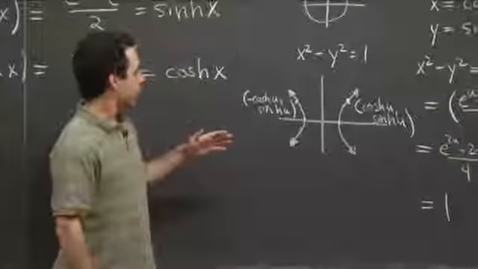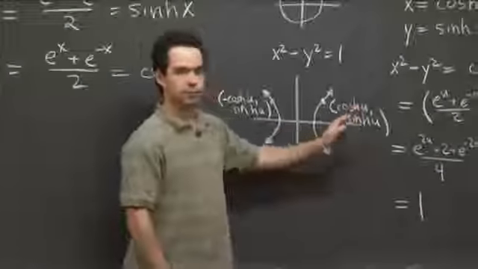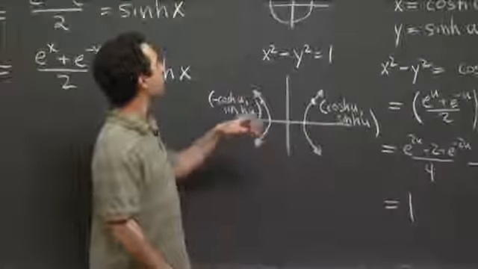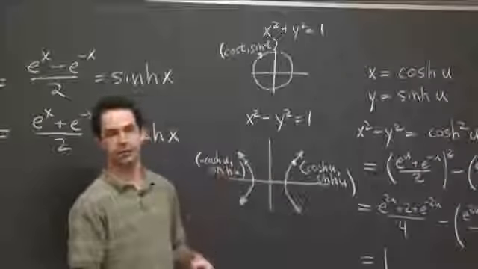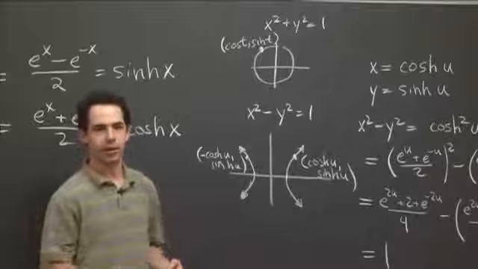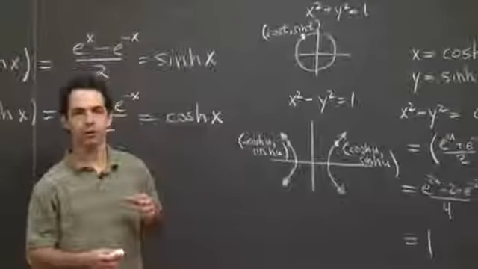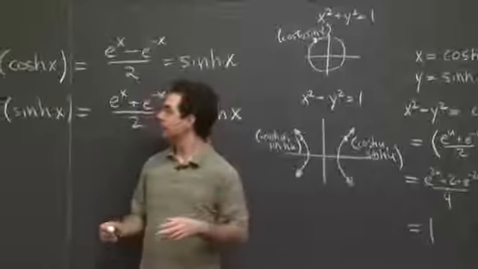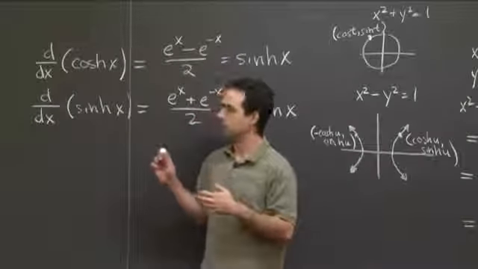So the hyperbolic trig functions have the same relationship to this branch of this hyperbola that the regular trig functions have to this circle. So that's where the words hyperbolic and trig functions come from. Let me say one more thing about them, which is the analogy with regular trig functions.